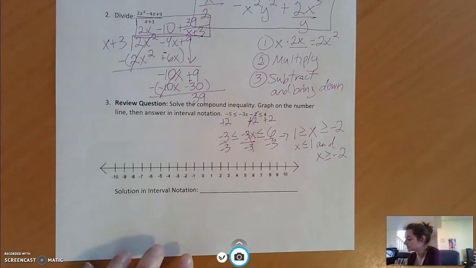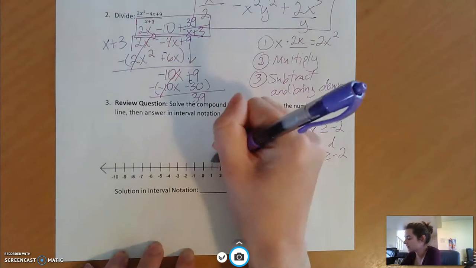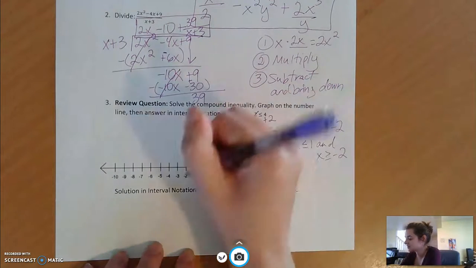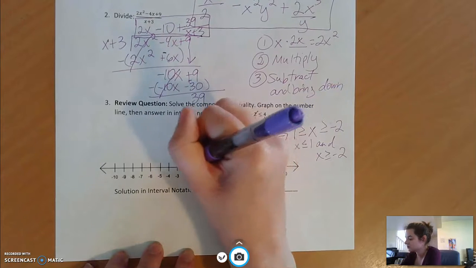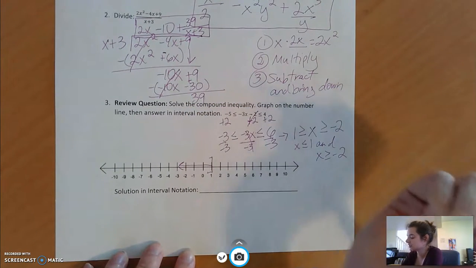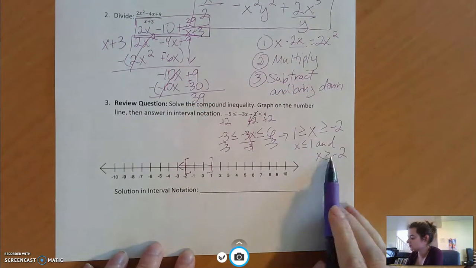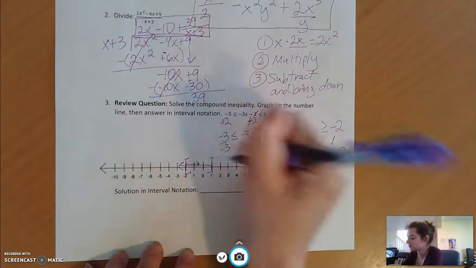In our graph, what that's going to look like is x is less than or equal to 1, so at 1 I'm going to have a bracket, and it's less than, so it's going to the left. I'm also going to have x is greater than or equal to negative 2, so I'll have a bracket at negative 2, and it's greater than, so it's going to the right.